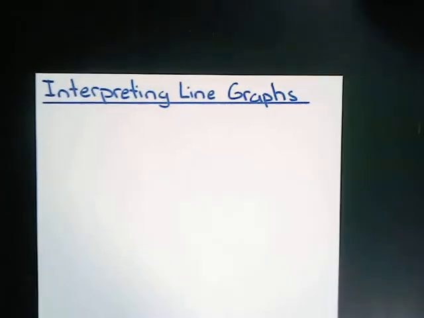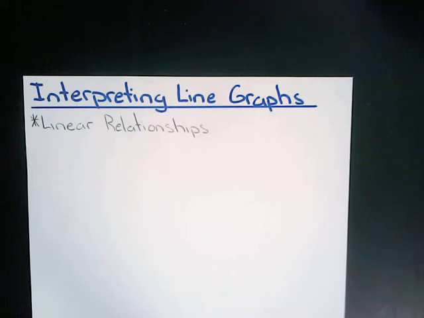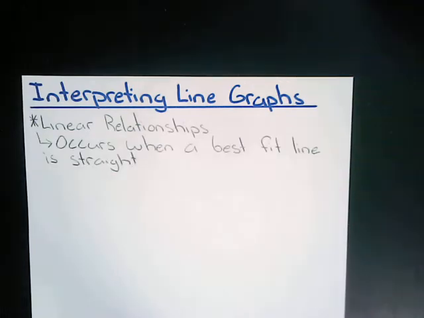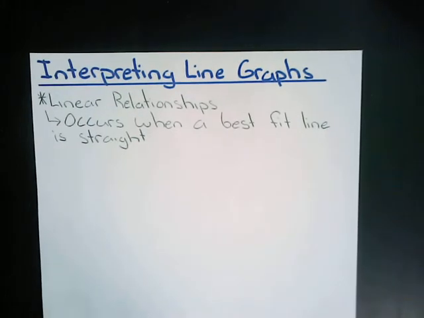So we get to this point about interpreting a line graph, and we need to start with this term known as linear relationships. And these linear relationships are going to occur when a best fit line is straight. And this linear relationship directly relates to the variables of the graph.